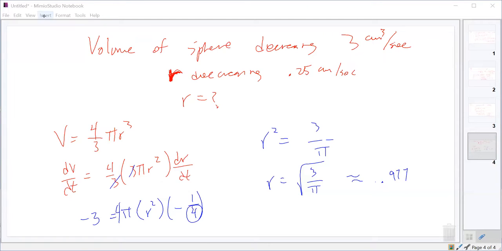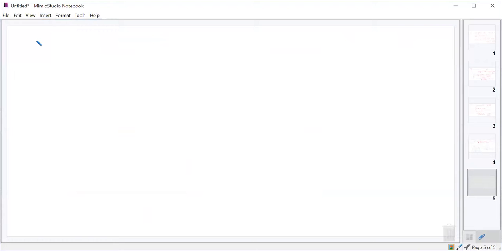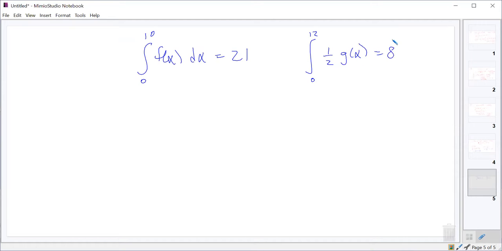78 from the same one. Let's see, we got so small on my phone. We've got an integral from 0 to 10 of f of x is 21. We've got an integral from 0 to 10 of 1/2 of g of x, which is 8.